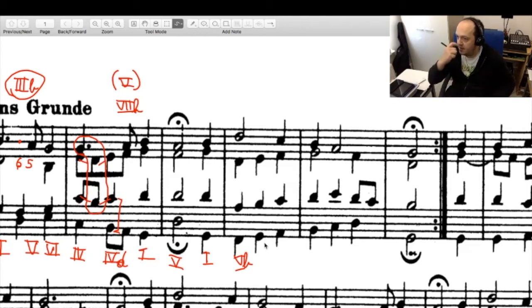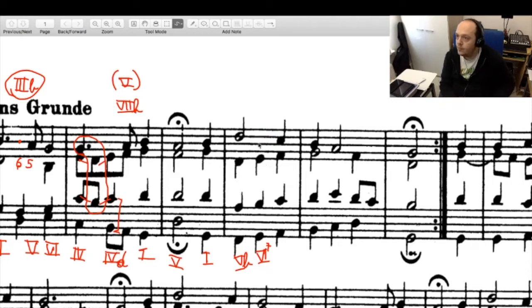Okay, that chord 5 is going to chord 6, because I have an E. Mi, sol, si, re. Yeah, chord 6 with a 7th. The 7th, which is prepared in the previous chord, then behaves like a 7th is expected to behave, then drops.